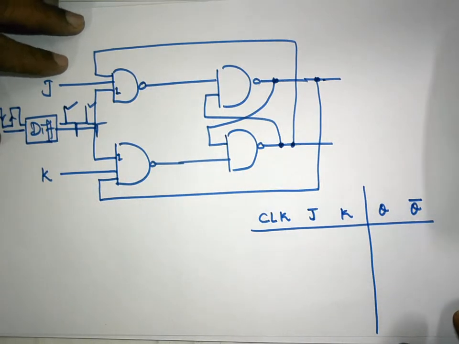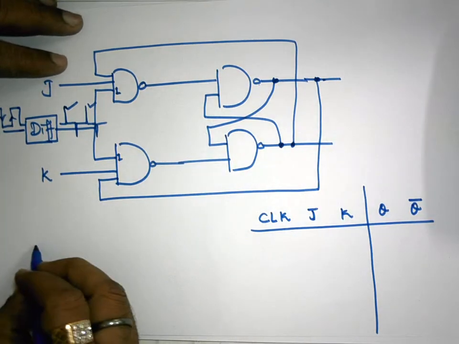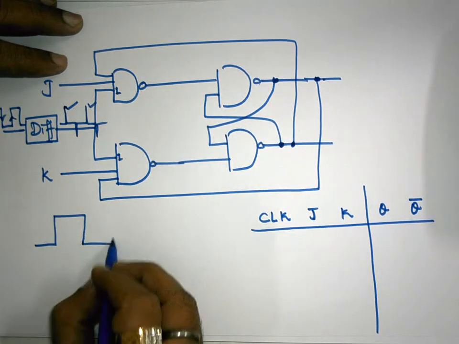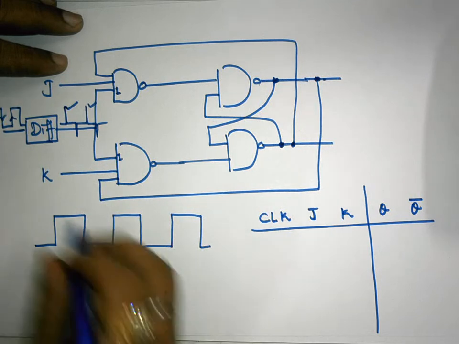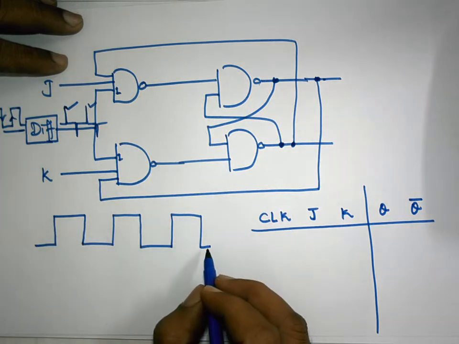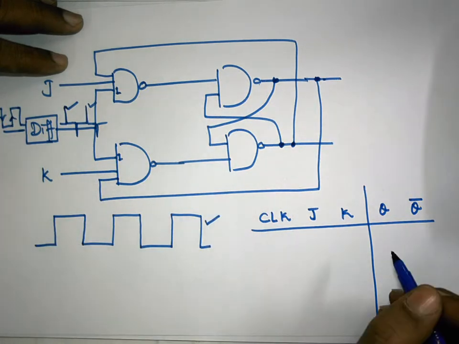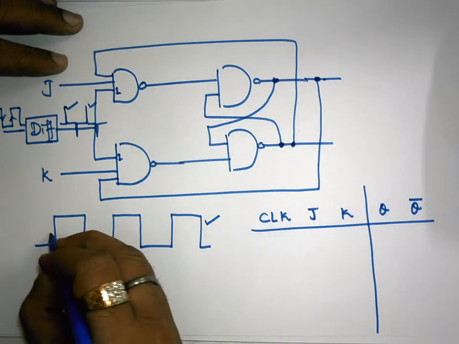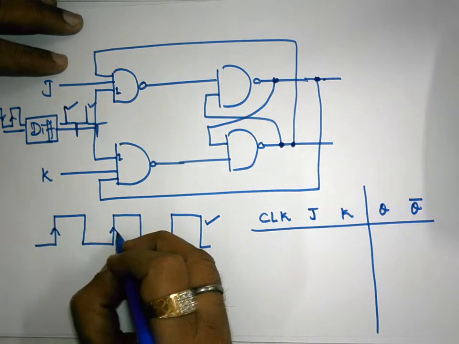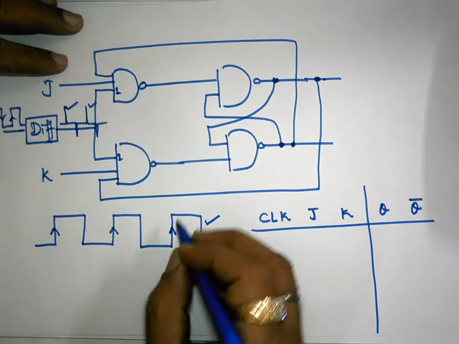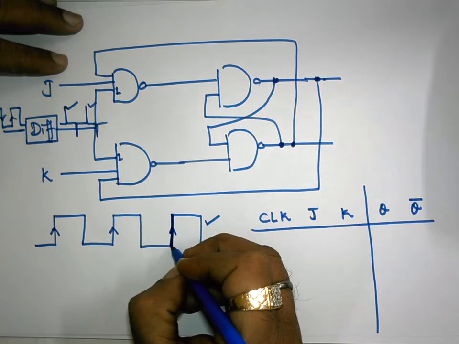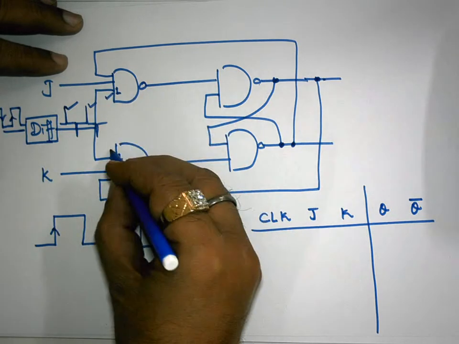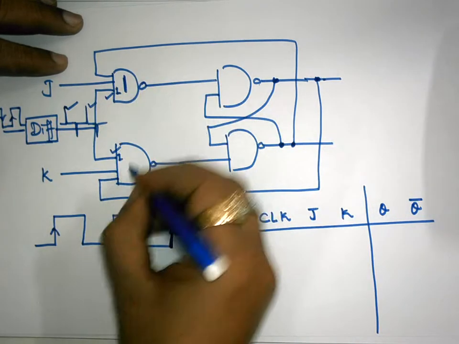When I say clock, the input I am applying as a clock is this. I will always see this input, and this very short time duration edge is in fact applied on gate number 1 and 2.